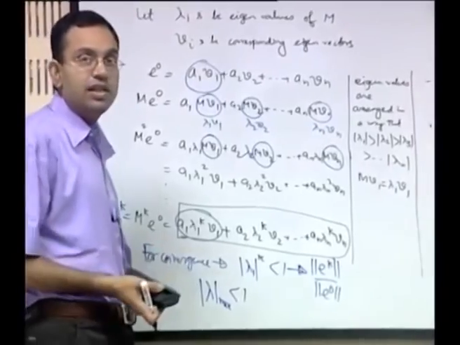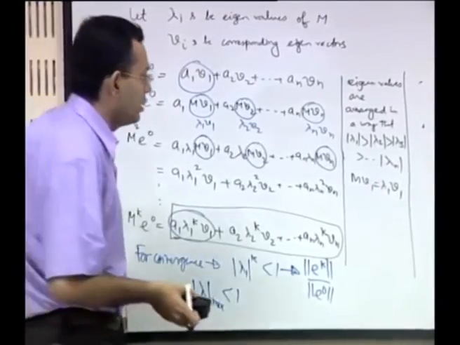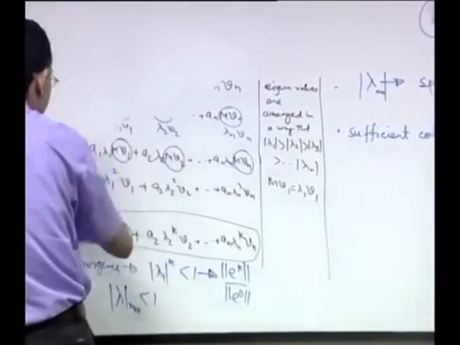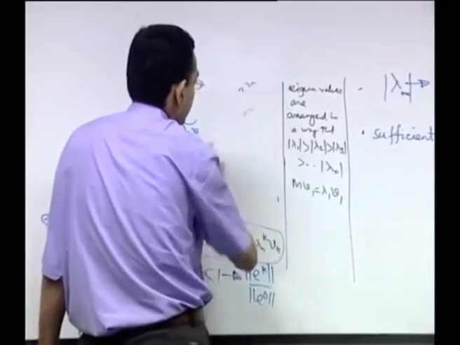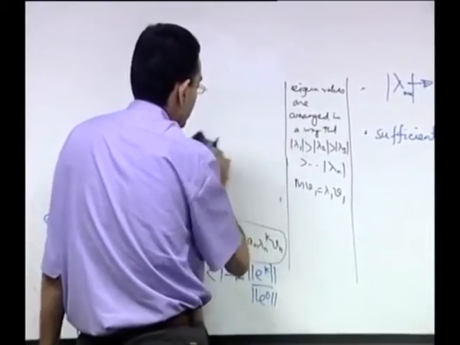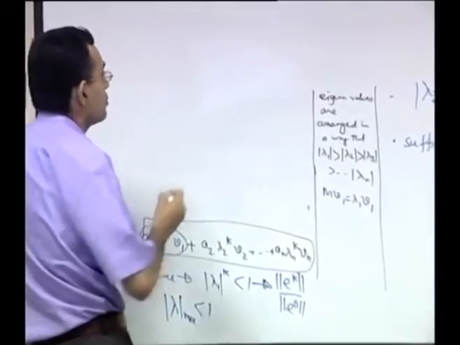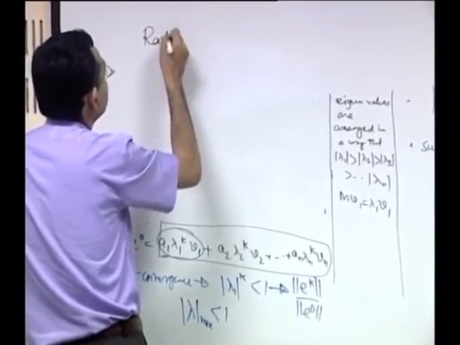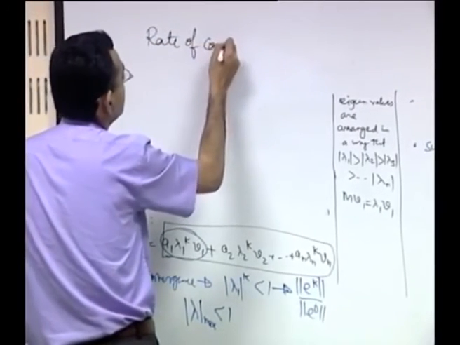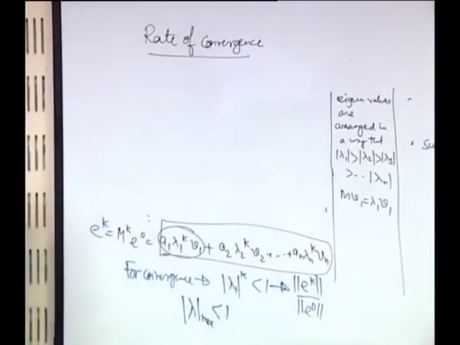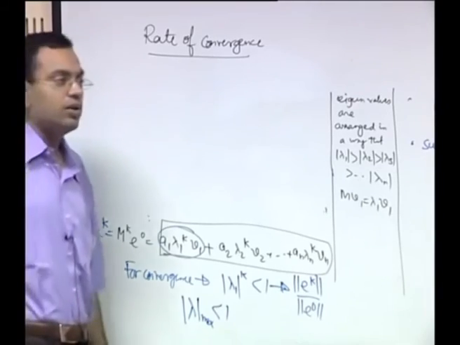The next terminology that we will try to understand now is called the rate of convergence. The rate of convergence talks about the following.